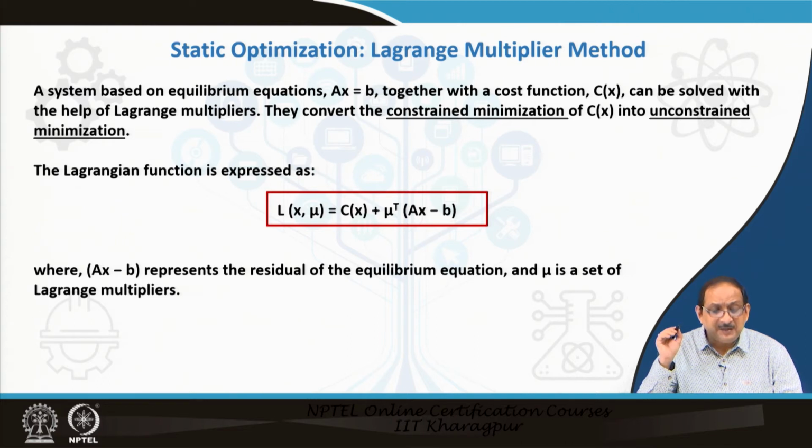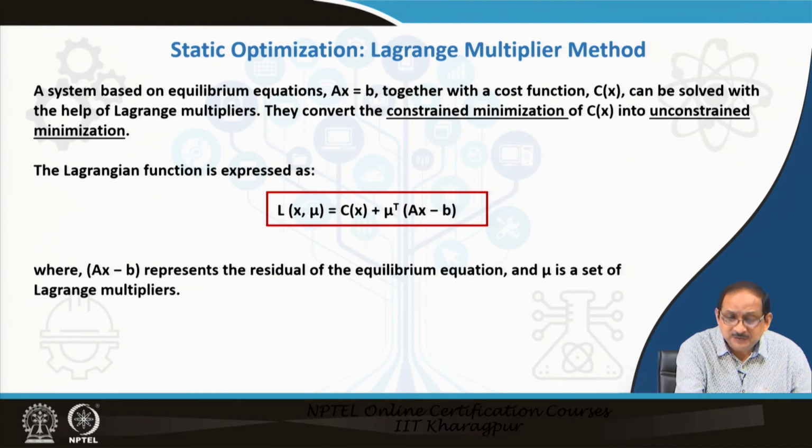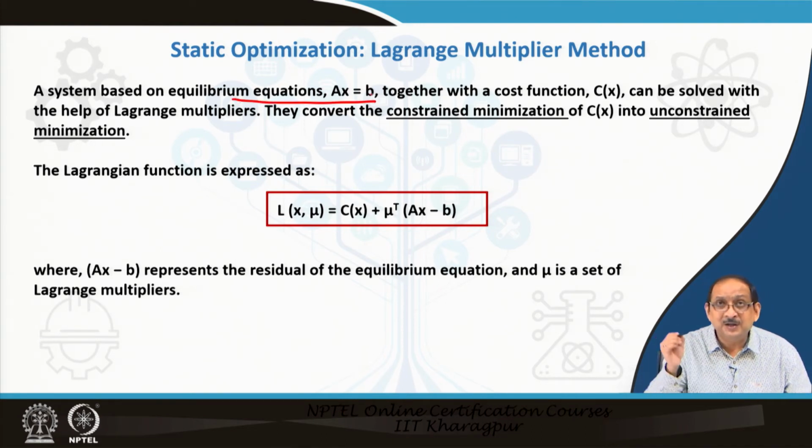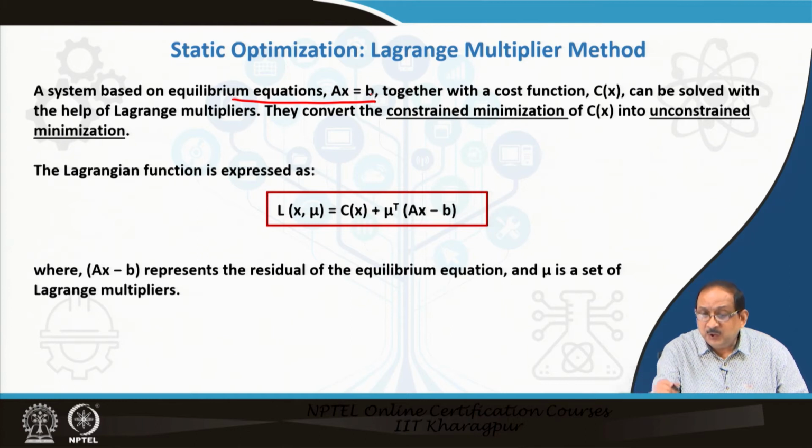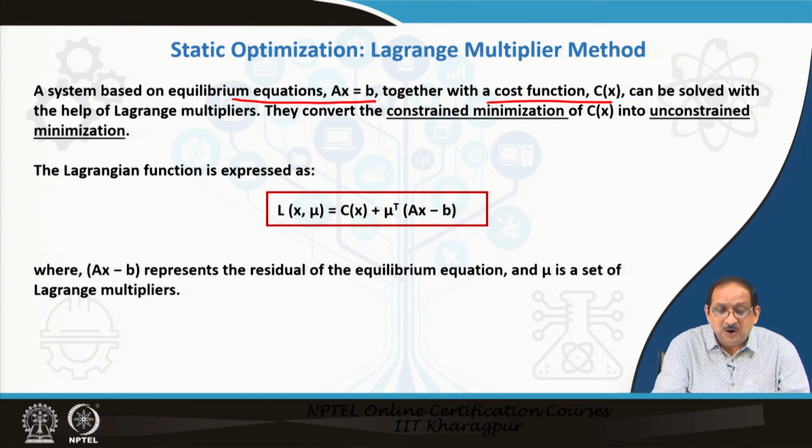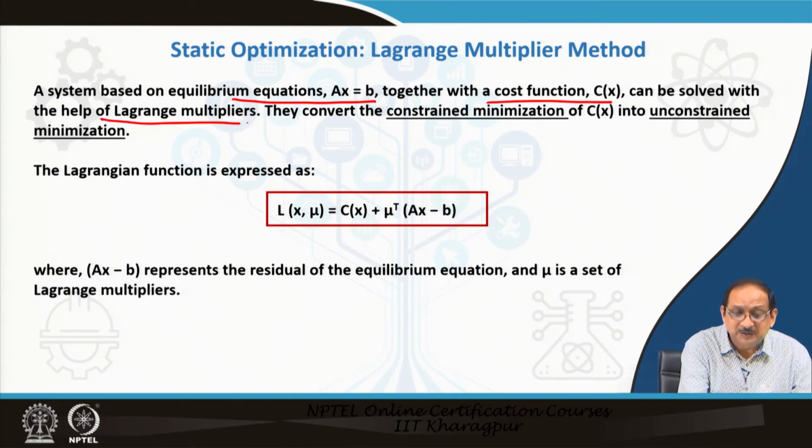This numerical method does not involve any initial guess. So, a system based on equilibrium equations as discussed earlier, Ax = b, together with the cost function C(x) can be solved with the help of Lagrange multipliers.